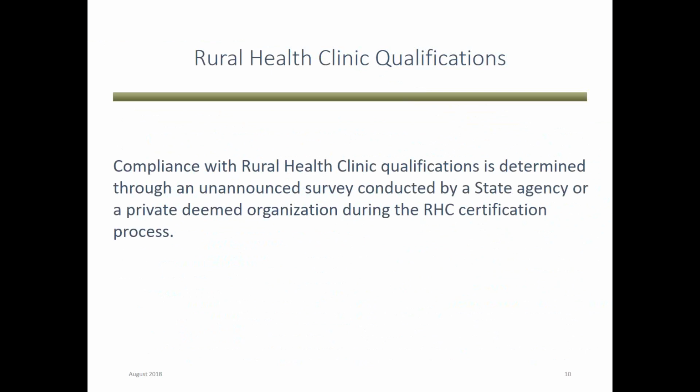Compliance with the rural health clinic qualifications is determined through an unannounced survey conducted by a state agency or a private deemed organization during the rural health clinic certification process.